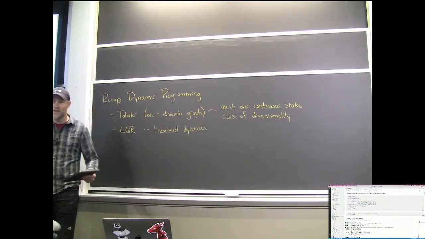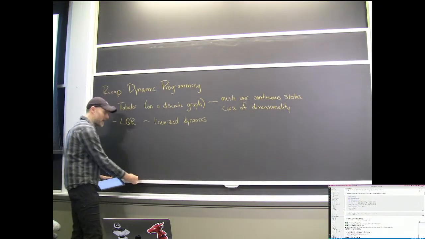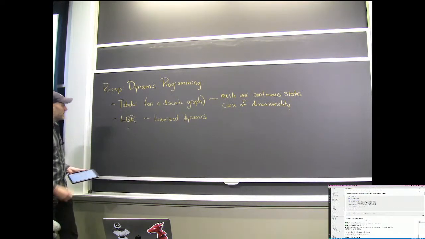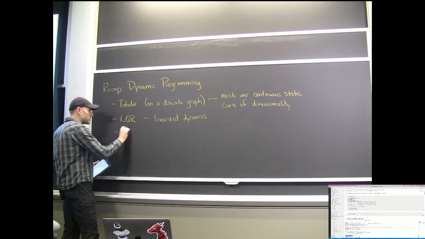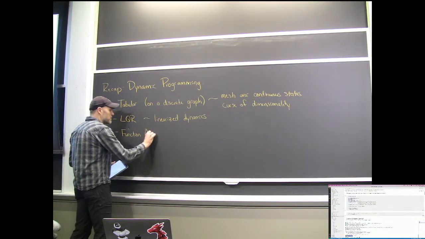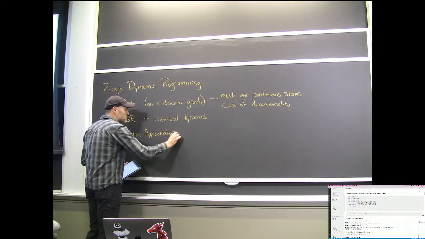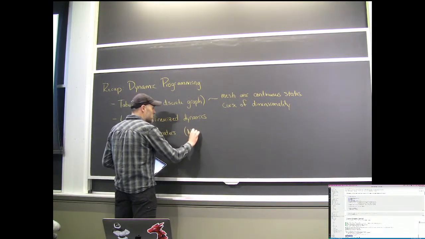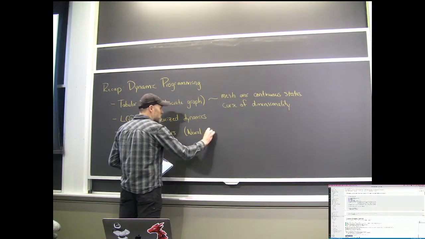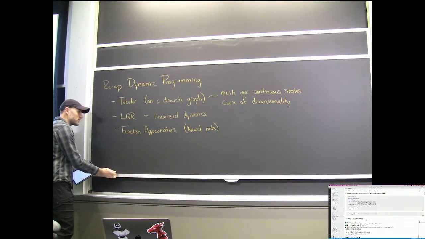It captures the long-term dynamics of even complicated systems, but there are some things it just can't capture. And then in the last lecture, we talked about function approximators more generally, with neural nets being the most common choice these days.